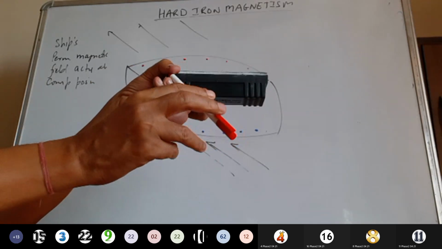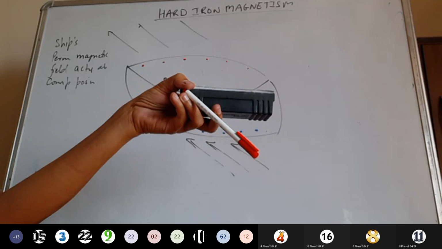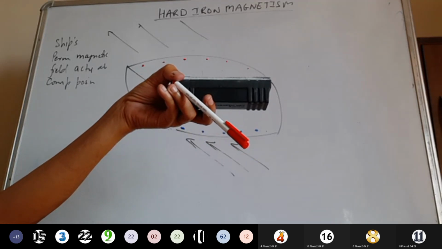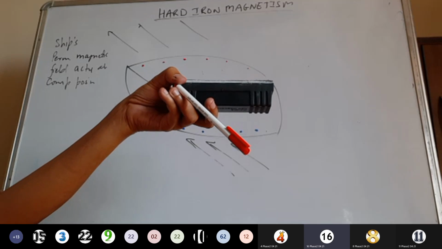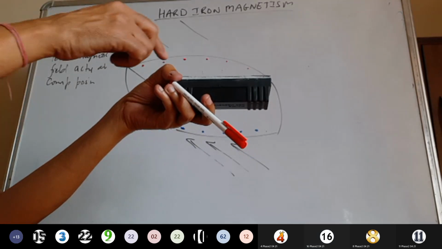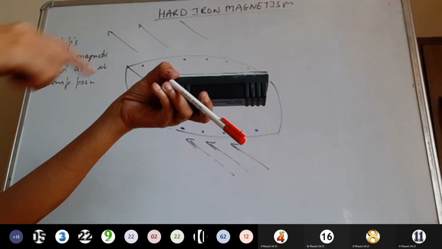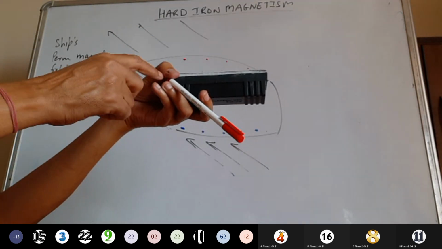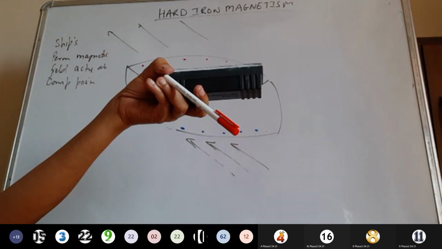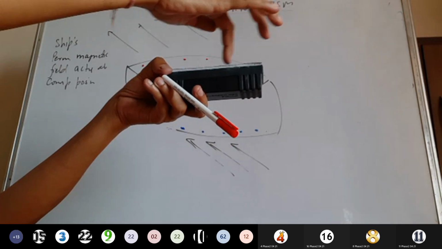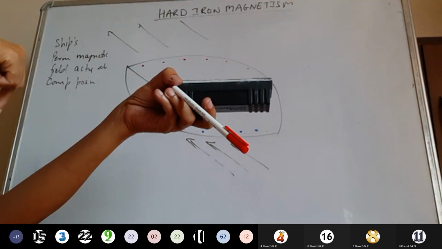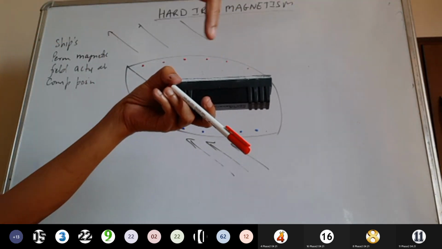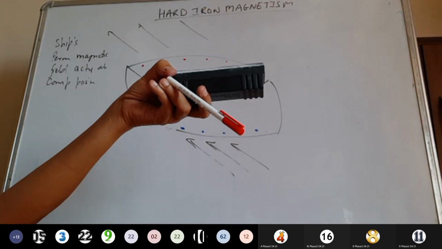Are you able to see in which direction the force is acting? Where my thumb is, that is the position of the magnetic compass. This is the ship: this is the forward of the ship, and this is the aft. This is the starboard side, and this is the port side.